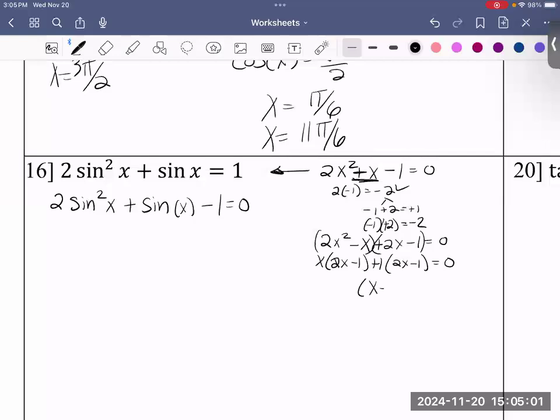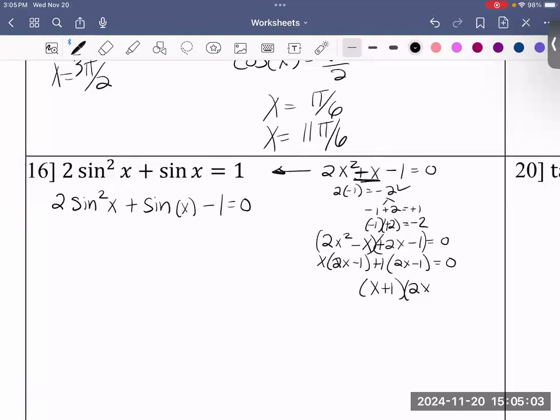So you get x plus 1 and 2x minus 1 is equal to 0. So our x's are really our sine. So we have sine of x plus 1 is equal to 0. Oops, sine of x plus 1. And 2 sine of x minus 1 is equal to 0.